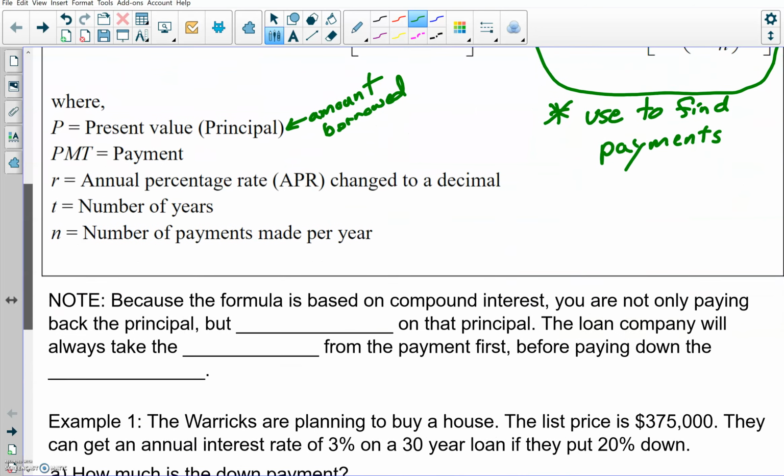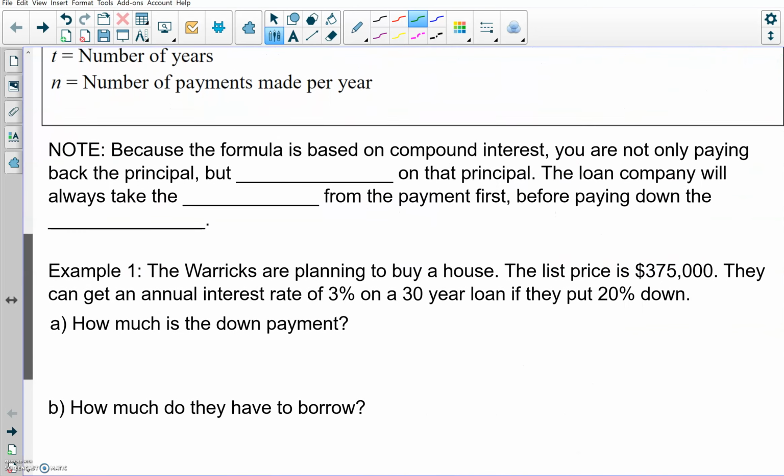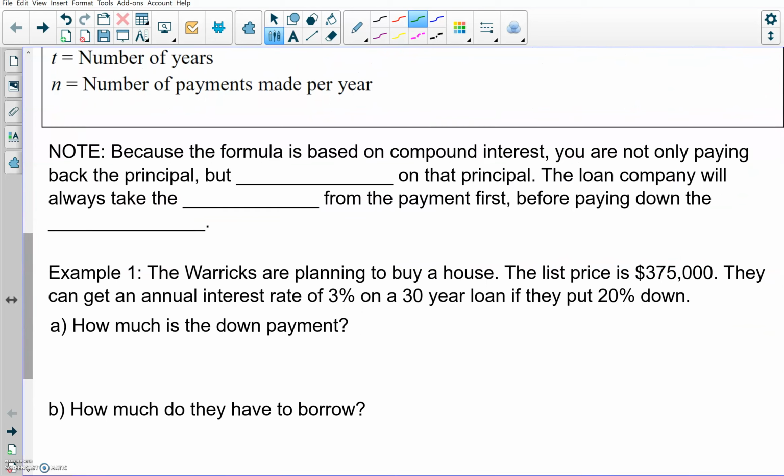So whenever you are looking to solve for a loan payment, you'll be using that formula. And because the formula is based on compound interest, you are not only paying back the principal, but interest on the principal. It's important to remember the loan company will always take the interest first.